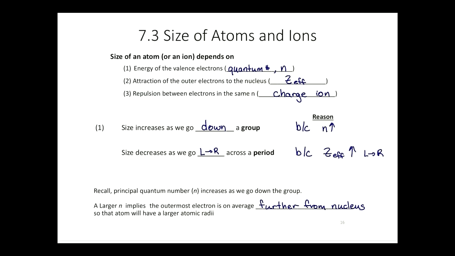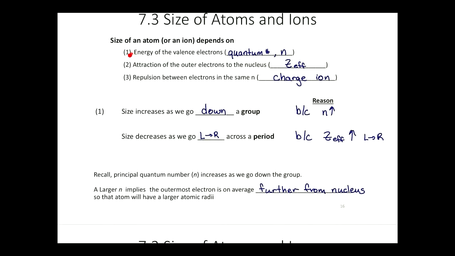We're going to be thinking about three criteria for all of these trends: the N value, the Z effective, and finally any additional repulsion from electrons if that substance, that anion or cation, is charged. We'll keep referring back to these three things.